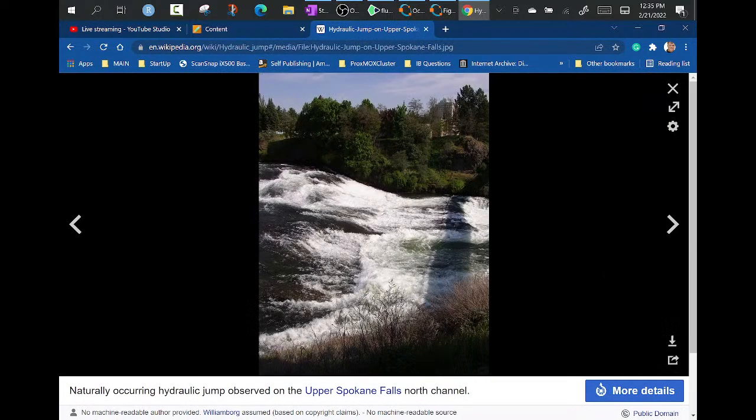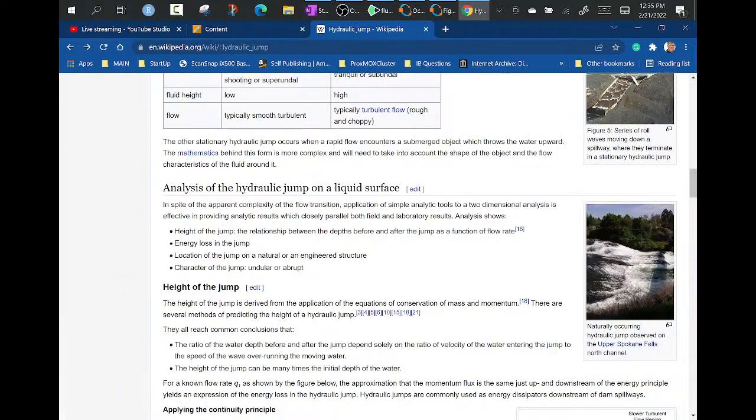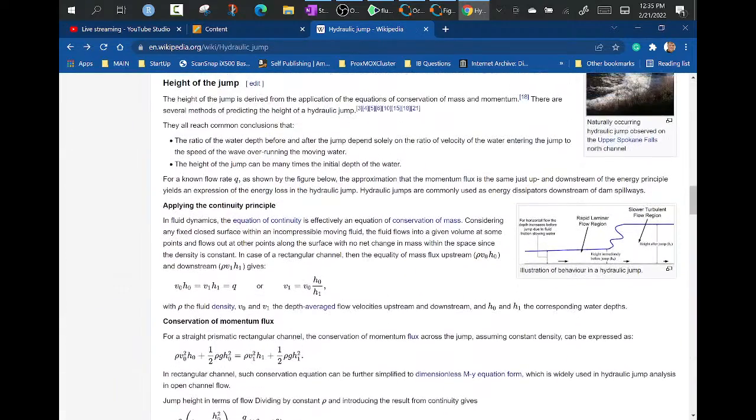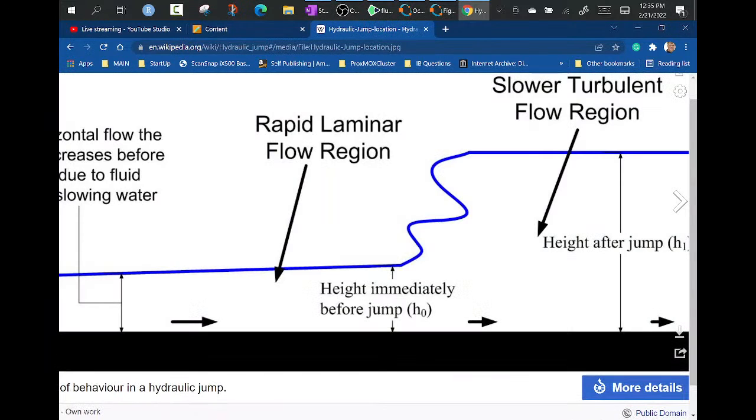Let's see how good that picture is. Here we go. This may be a good one. So what happens is, I'll tell you what.